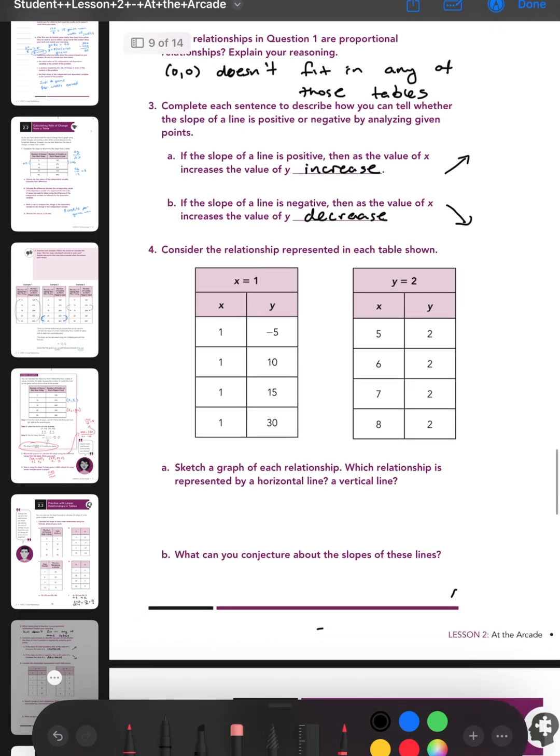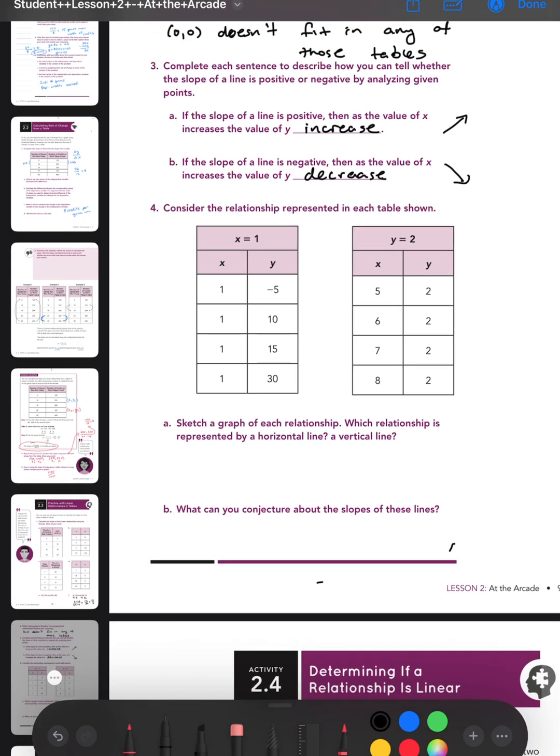So looking at these next few tables, the one on the right is similar to D we saw on the previous page that created that horizontal line. But you notice in the first one, x equals 1, all the x's are the same. So I'm going to draw each one of these, x, y. I'll put this one in blue. X equals 1 is going to be a vertical line going through 1 on the x-axis.